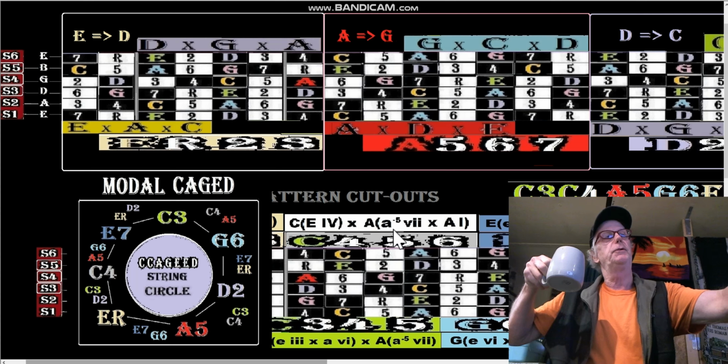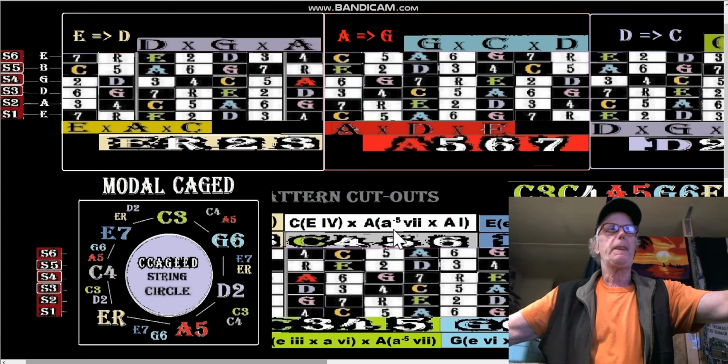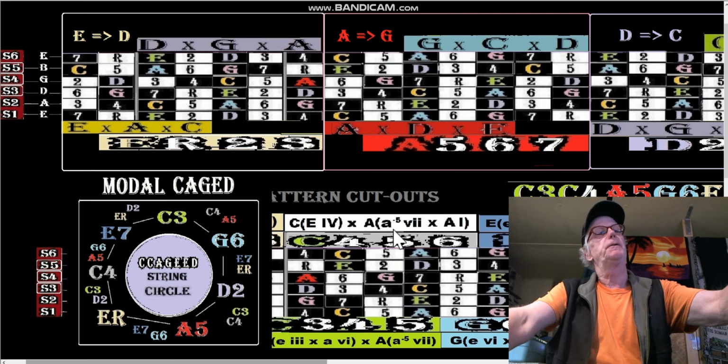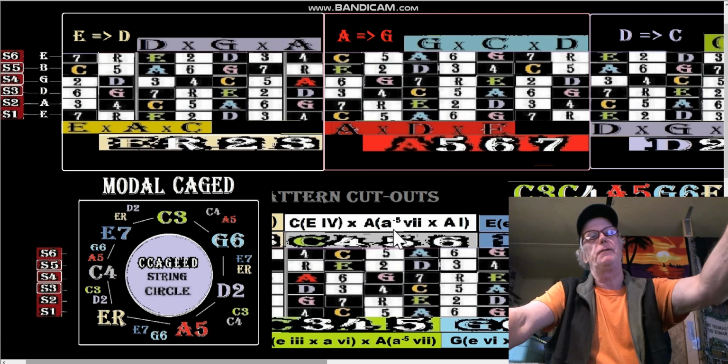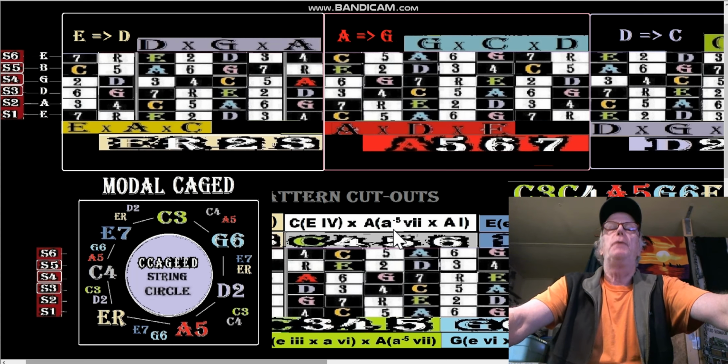So 7, 2, 4 is part of a dominant chord 5, 7, 2. It's also part of the second minor 2, 4, 6. If you just raise that 6 to a 7, you've got your half diminished. So there are ways to do that. We don't want to let that tangle us up today.